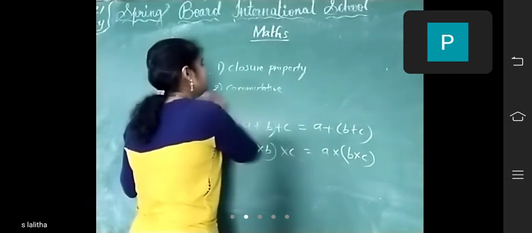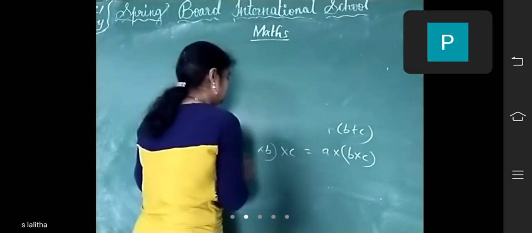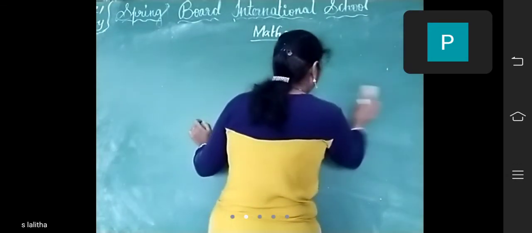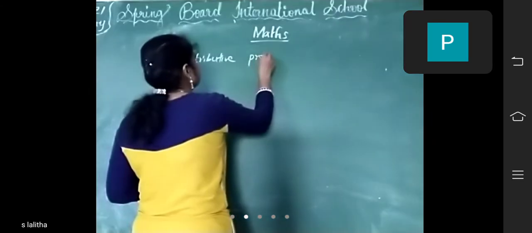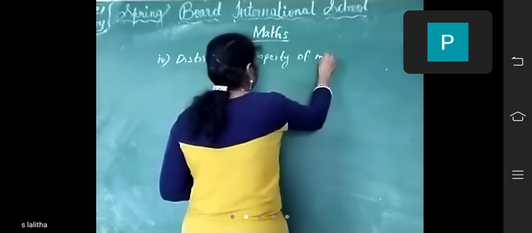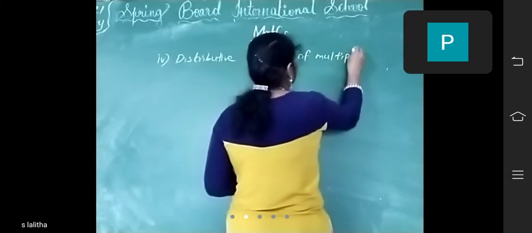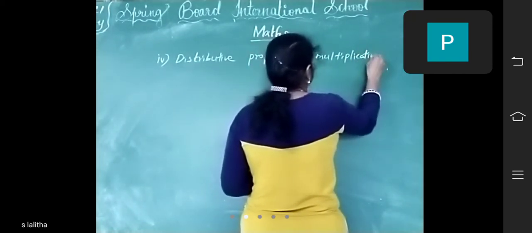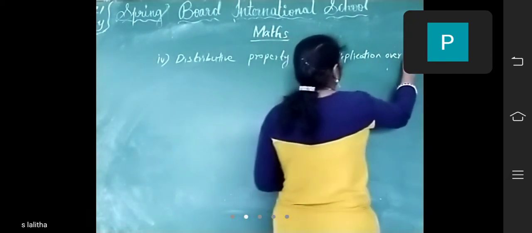Okay, so these three properties we learned yesterday. Now, another property is distributive property. What is the next property? Distributive property of multiplication over addition.